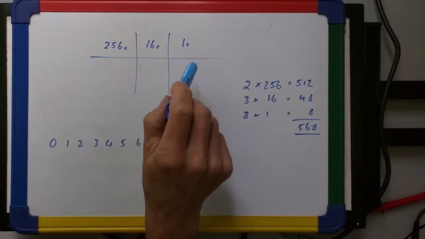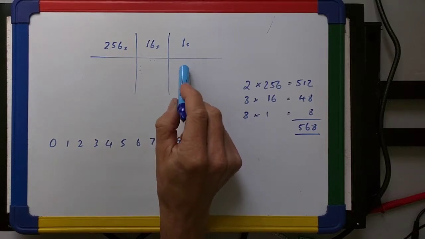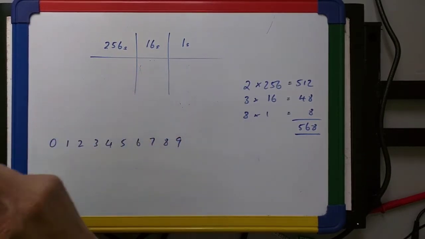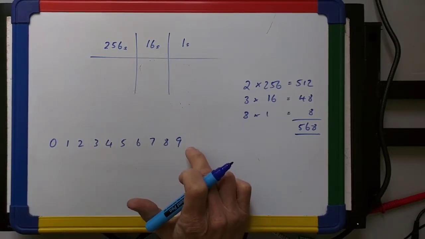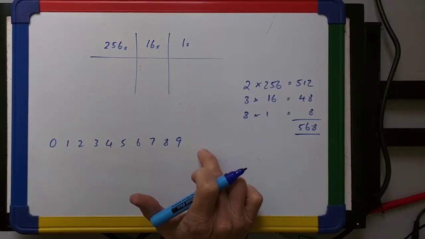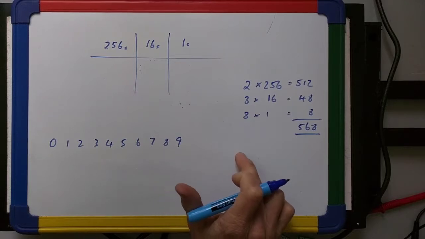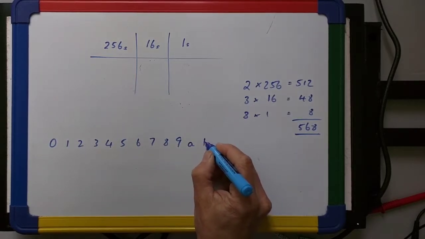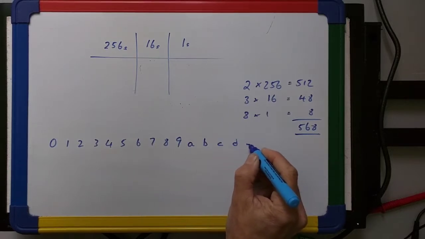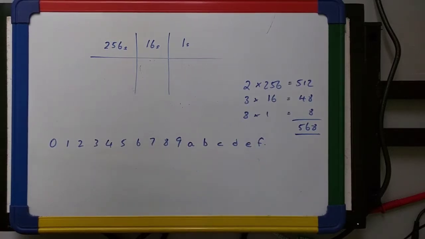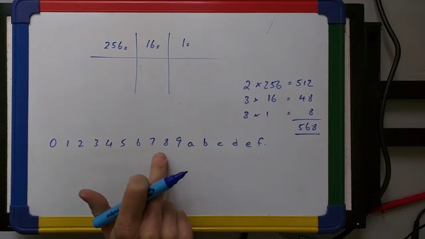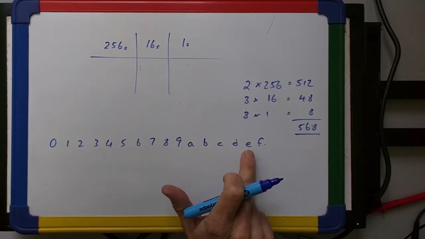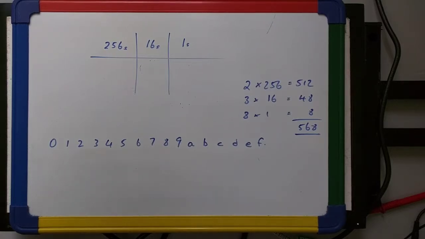That's because being base 16, we should be able to record everything up to 15 in a single slot. So we need a symbol for 10, a symbol for 11, a symbol for 12, 13, 14 and 15. And the symbols used for those are simply A, B, C, D, E and F. 0, 1, 2, 3, 4, 5, 6, 7, 8, 9, 10, 11, 12, 13, 14 and 15.